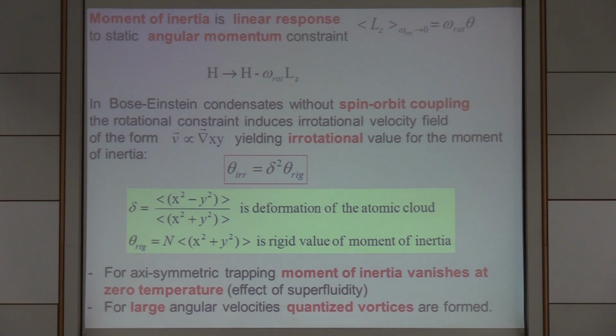So the superfluid is not able to rotate, and this was an important point in the understanding of the experimental value of the moment of inertia, and also is the basic starting point to understand that the only way to carry angular momentum for such systems is through the production of quantized vortices.